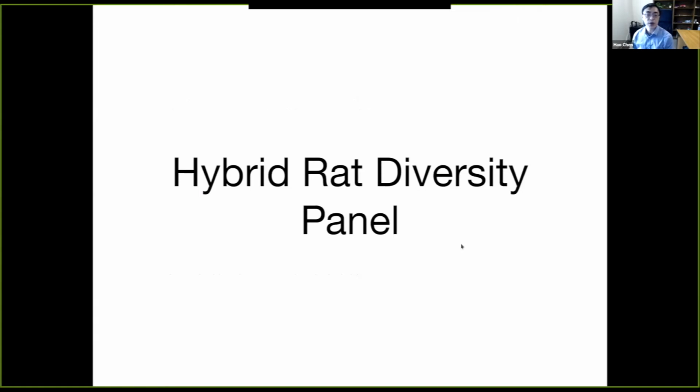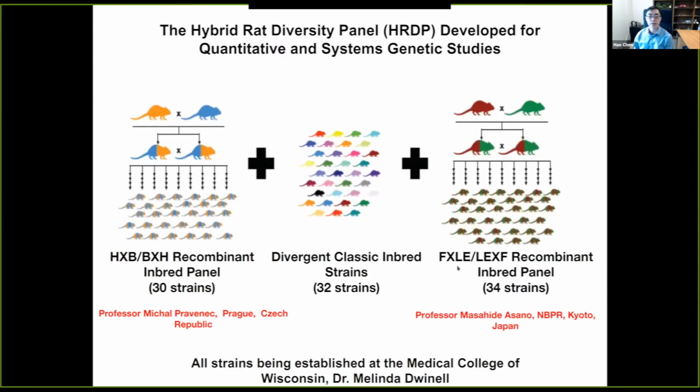So the hybrid rat diversity panel, and by now I think you can all easily put them together, is just to collect a bunch of inbred rats and put these two recombinant inbred panels together.